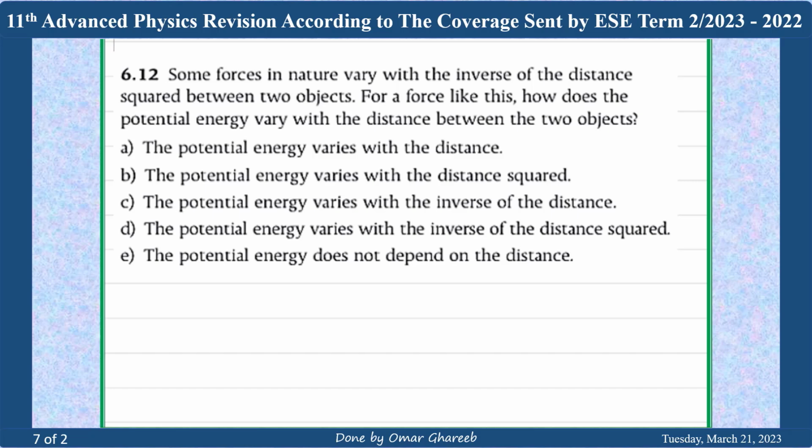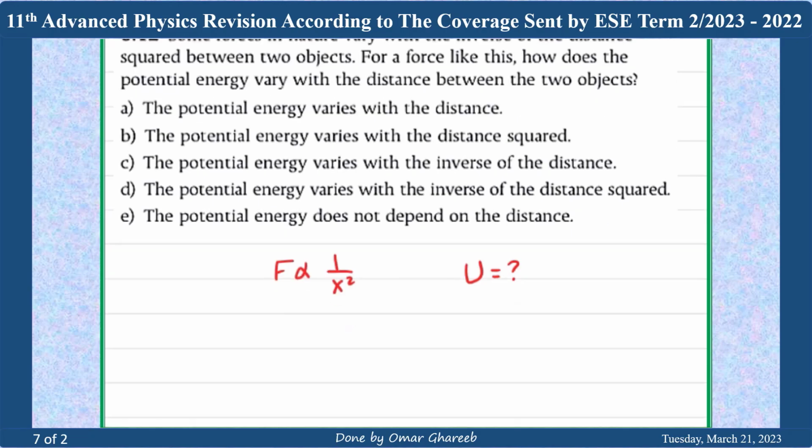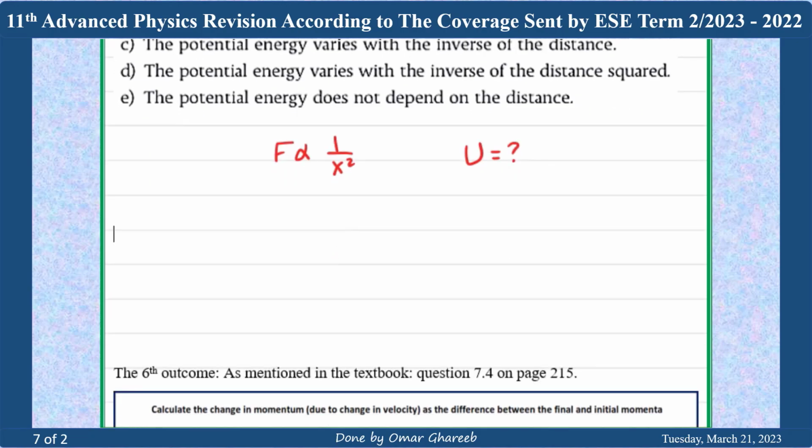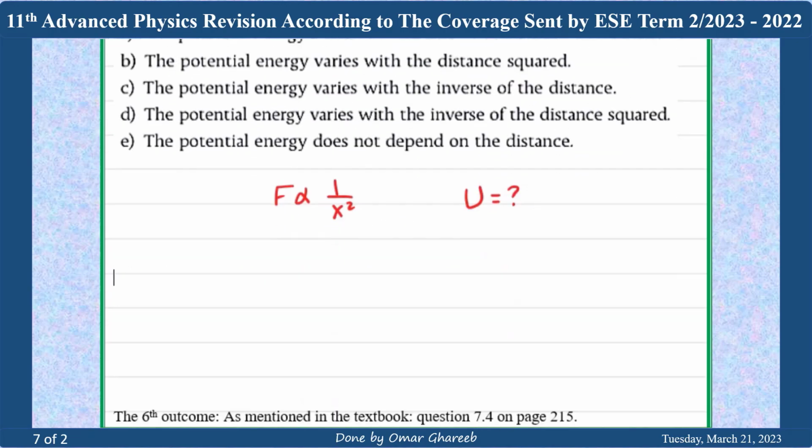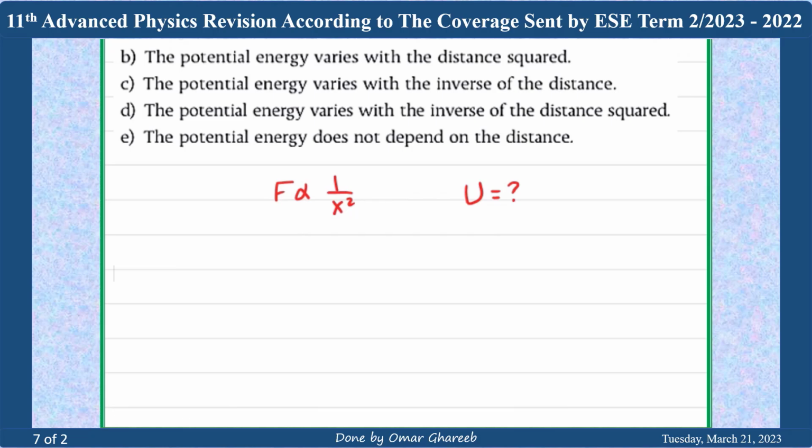That means F is proportional to 1 over x squared or r squared or something else. For a force like this, how does the potential energy, which is U, vary with the distance? I think it is section 6.4, which is for enrichment. Let us discuss this situation.